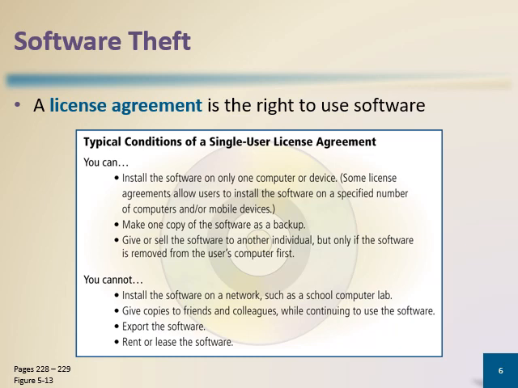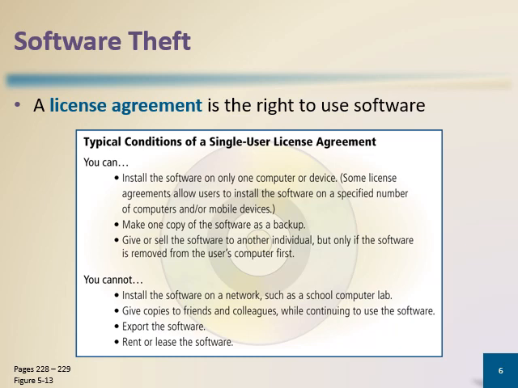For example, if it is for a single user, it means you can install the software only once on one computer or device. There are some agreements which allow you to install the software on some number of devices. So you can make one copy of the software as a backup only.